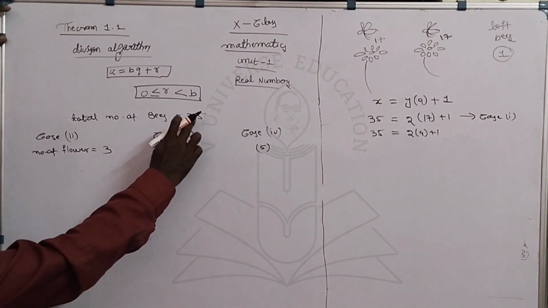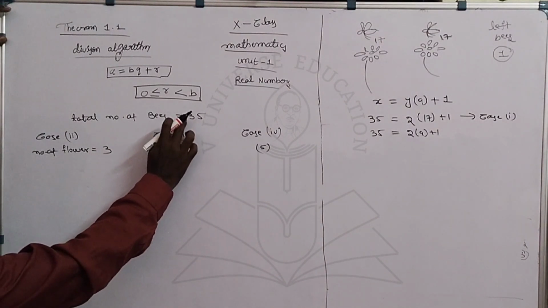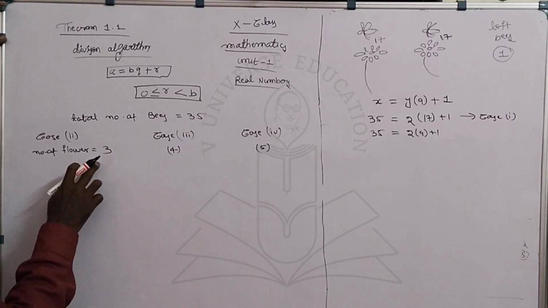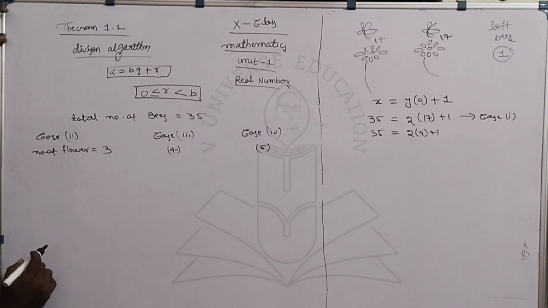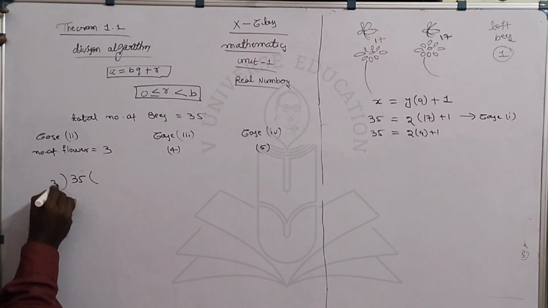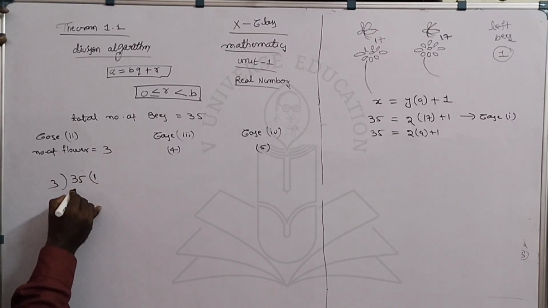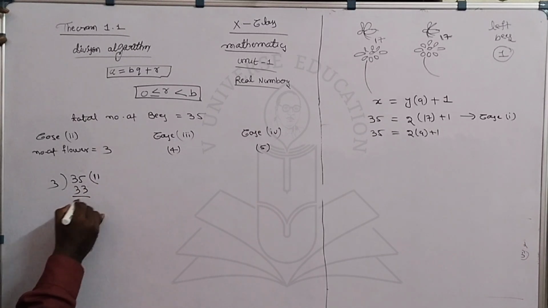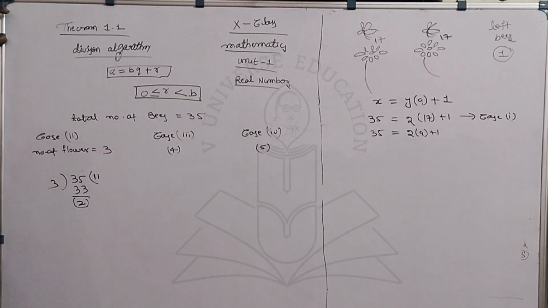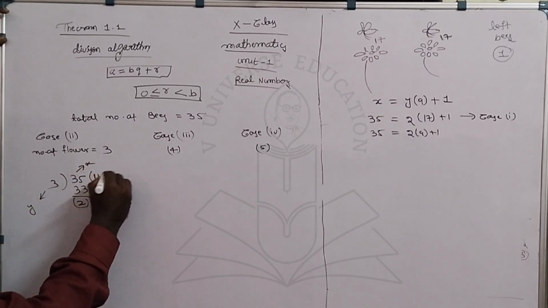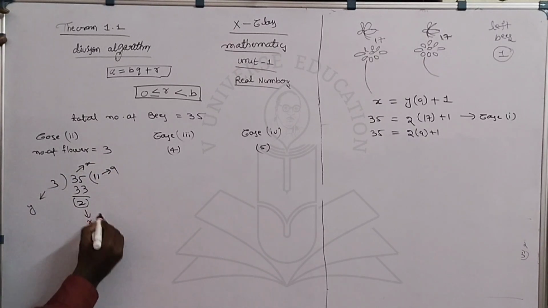So here this total of 35 bees are going to equally settle on 3 flowers in case 1. So that means 35 is going to be divided by 3. So we can get 3 ones are 3, again 3 ones are 3, and 2 is the remainder we got here. So here this is y, this is x, this is a, and this is the remainder.